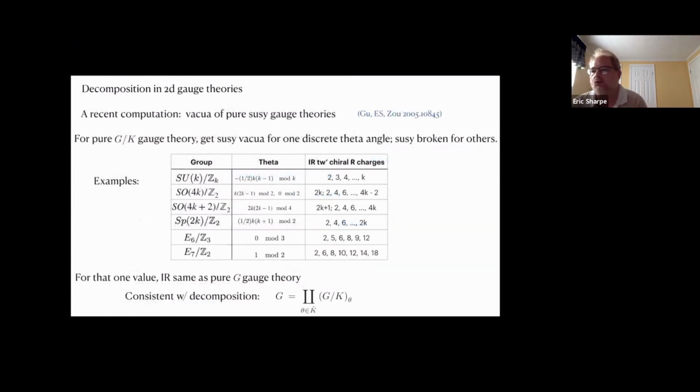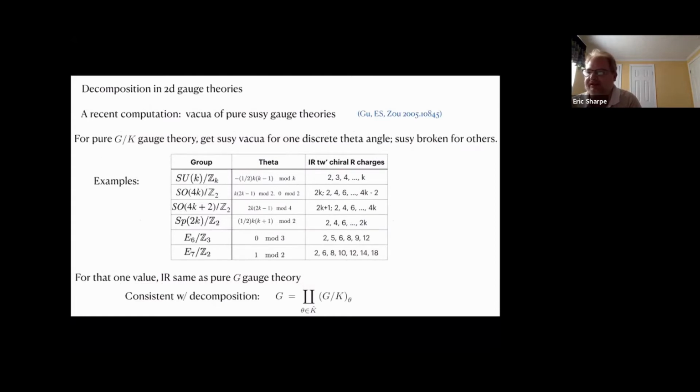Let me mention one other quick example before going on, involving vacua of pure supersymmetric gauge theories. So for a pure supersymmetric G mod K gauge theory in 2 dimensions, it turns out you get supersymmetric vacua for one choice of discrete theta angle, and supersymmetry is broken for other choices. I've outlined the results here.